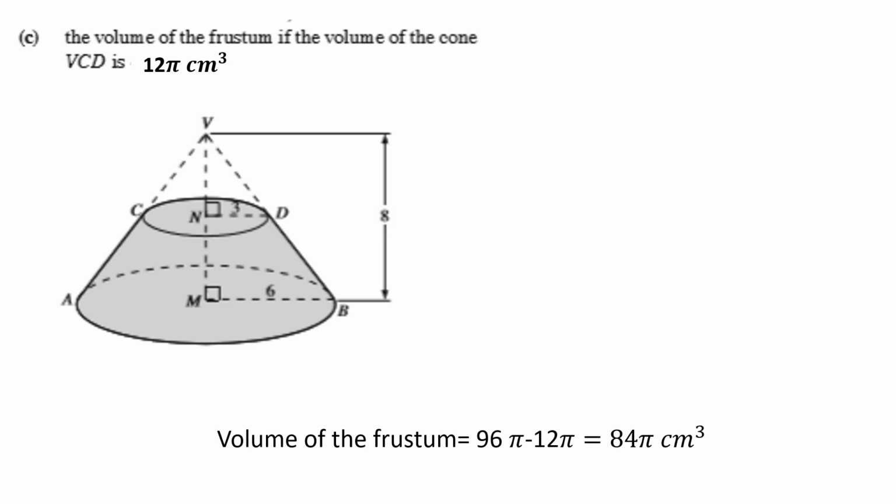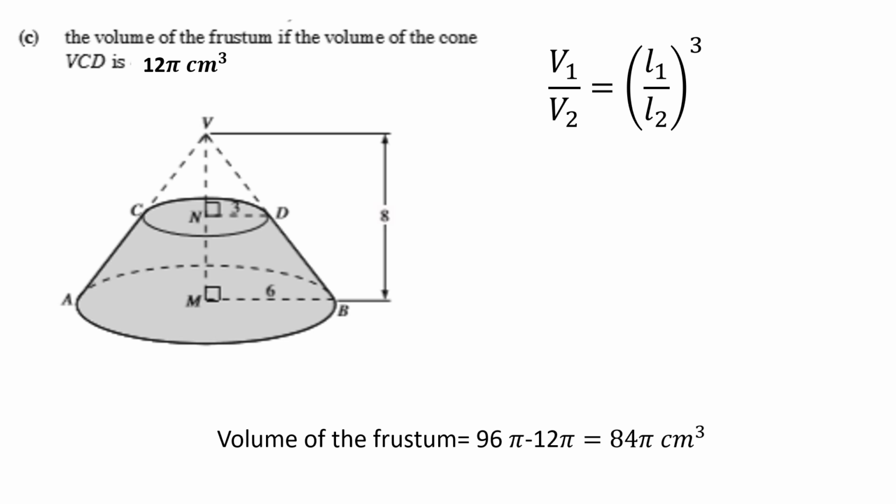Here we will apply this concept: when you cube the ratio of the corresponding sides, that will give you the ratio of the volume of the two cones, the smaller one and the bigger one.